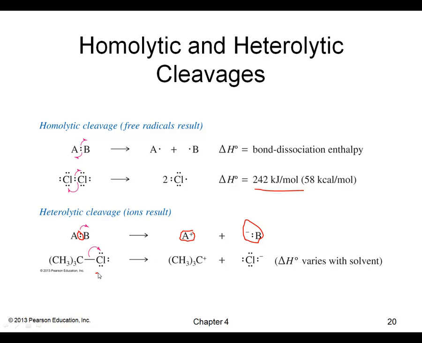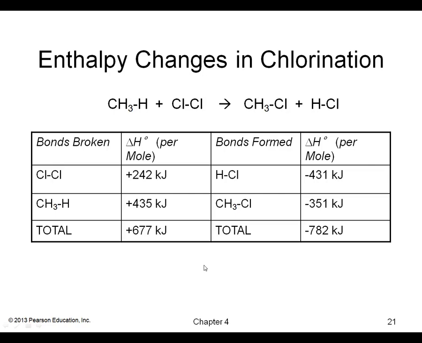The most electronegative atom is chlorine, so these 2 electrons in this bond are going to the chlorine to make it Cl minus, leaving behind a positive charge on this carbon. You can then add the enthalpies up to get the overall enthalpy change. We're not going to fool around with this stuff here.